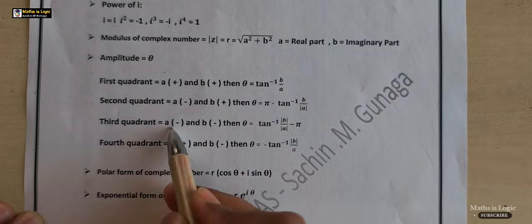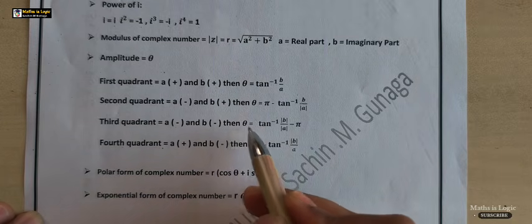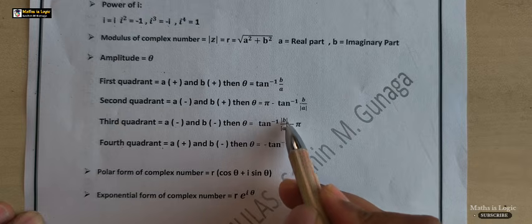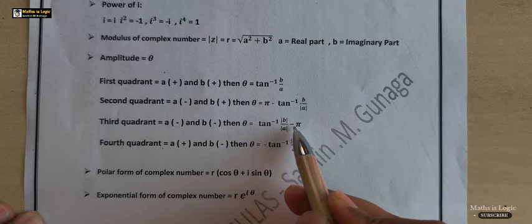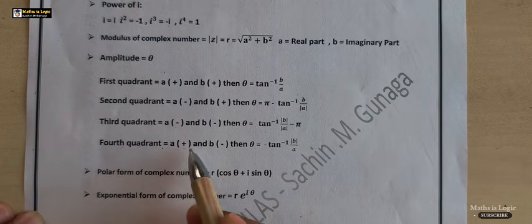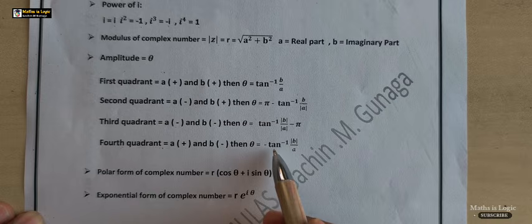Third quadrant, both are negative. a is negative, b is also negative. That time theta formula is tan inverse of mod b divided by mod a minus pi. And in the fourth quadrant, a is positive, b is negative, then theta formula is minus tan inverse of mod b divided by a.